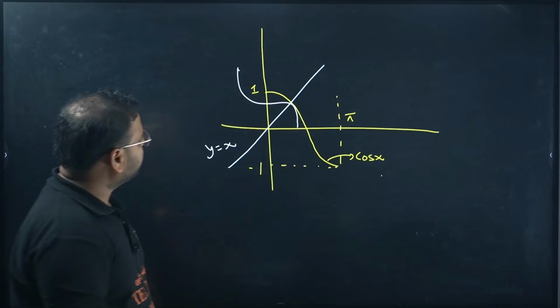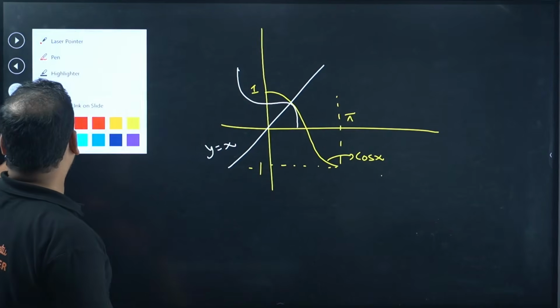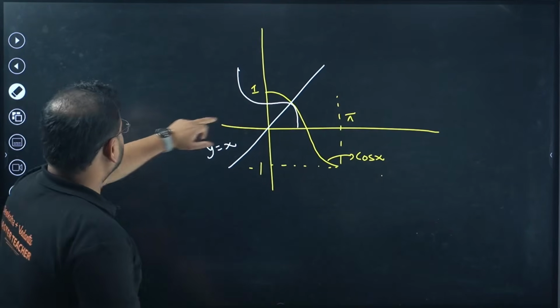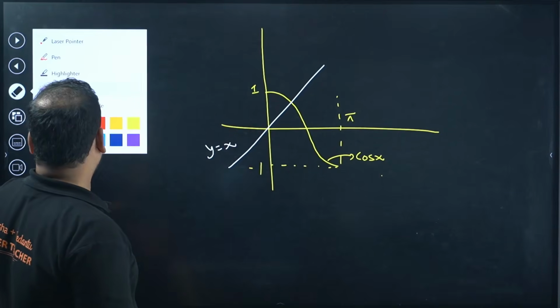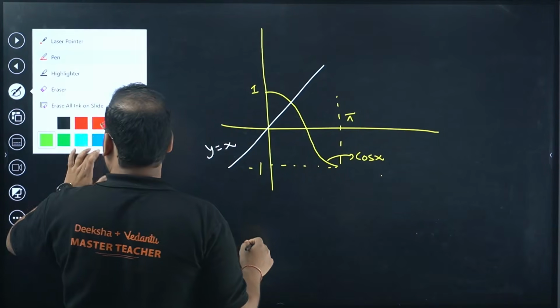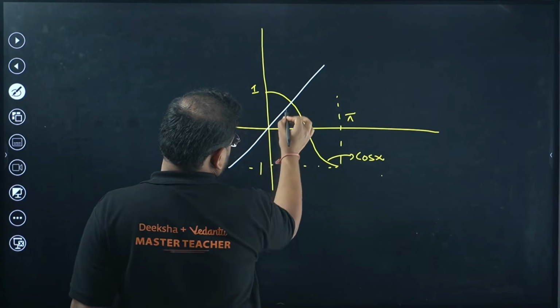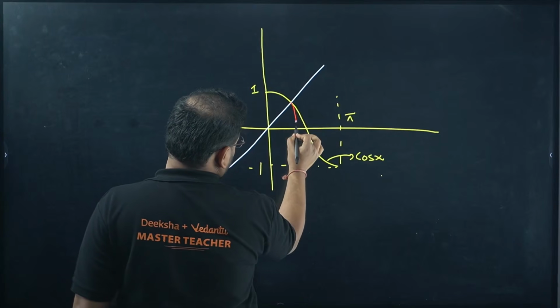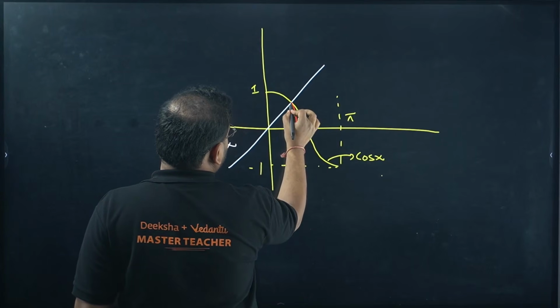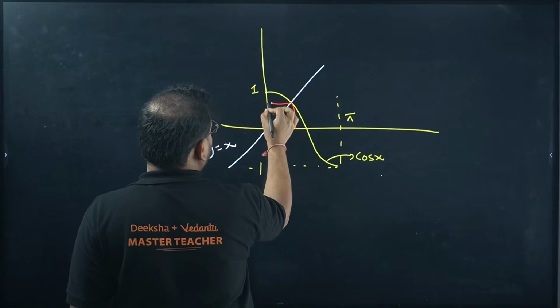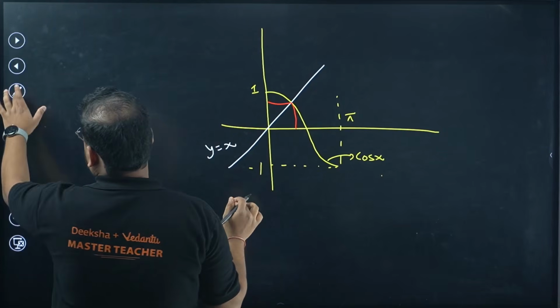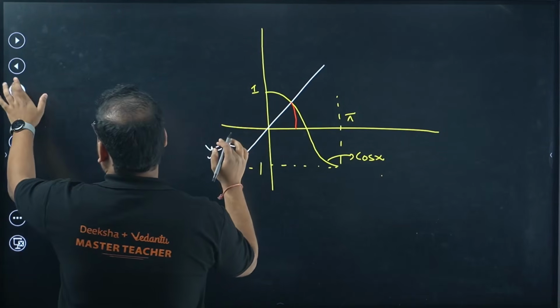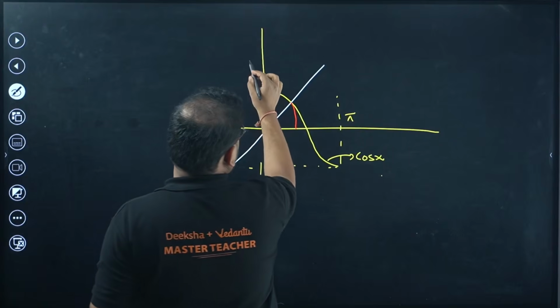Is it not looking proper? One second, guys. I can do better. I'll make it look much better. This is the curve that comes over here, and it goes like this, up.